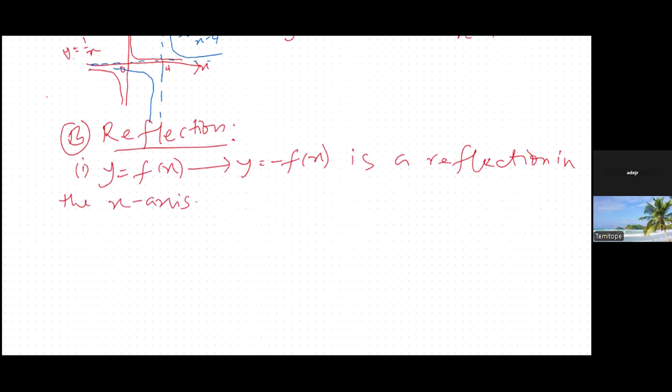Now, when we say reflection in the x-axis, in this context, it means it's going to affect the y coordinates. That is, the y coordinates will change sign.